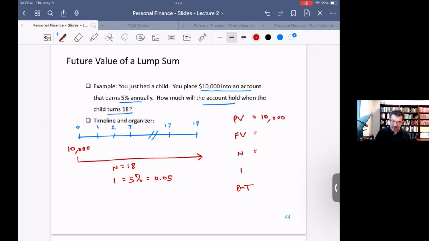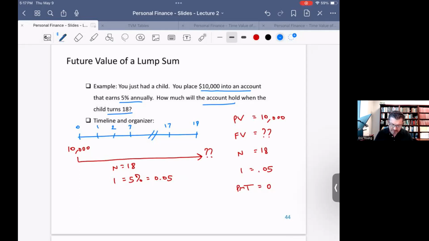The future value, that's what we're solving for. The N is 18. The I is 0.05. And the PMT, because this is a lump sum, is going to be 0. So just by reading the question and doing an organizer, we can now move forward and very simply solve it.